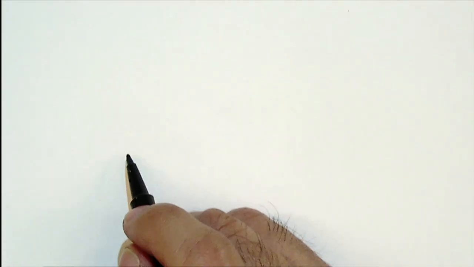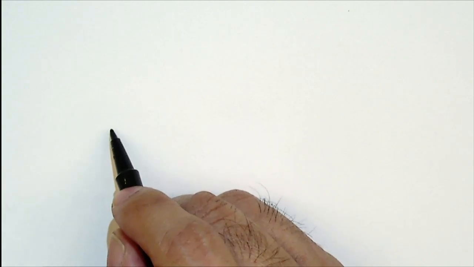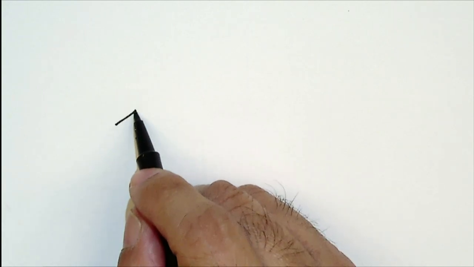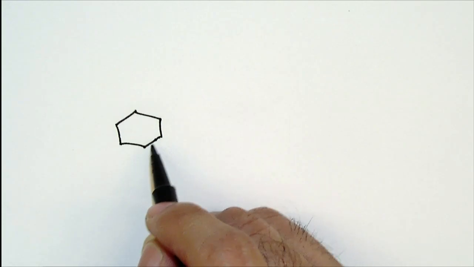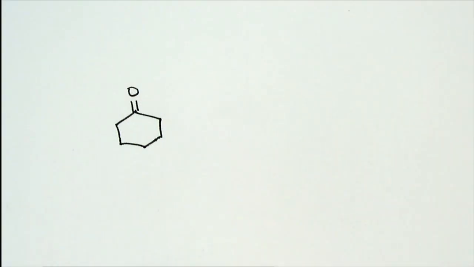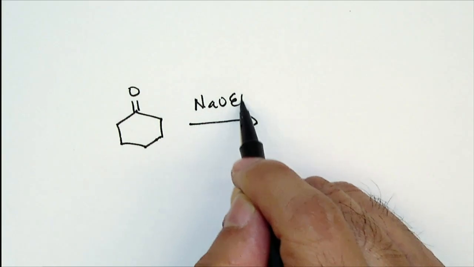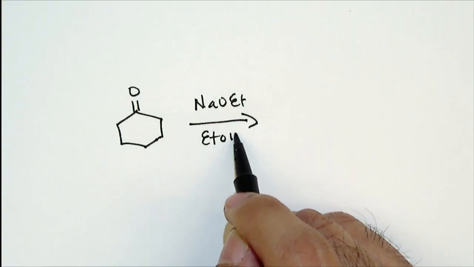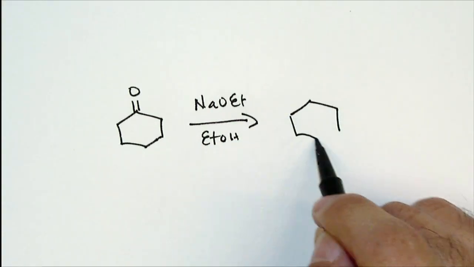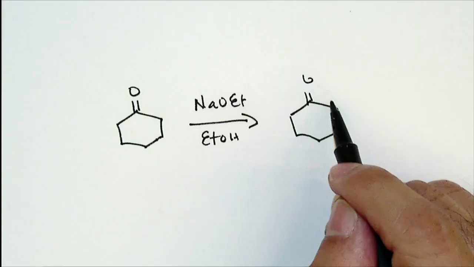So let's say that this time I use, well, let's just say I take this ketone, and what I do is I deprotonate it with sodium ethoxide in ethanol. That would therefore give me, of course, this.